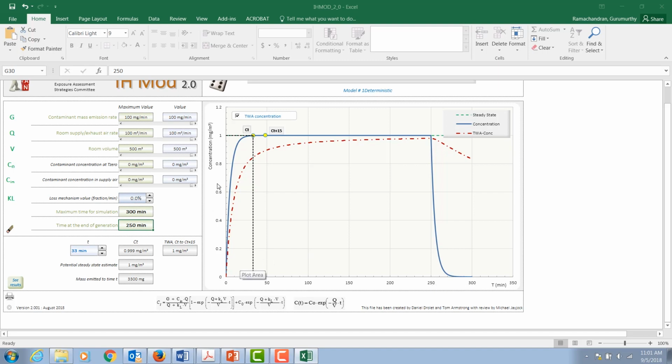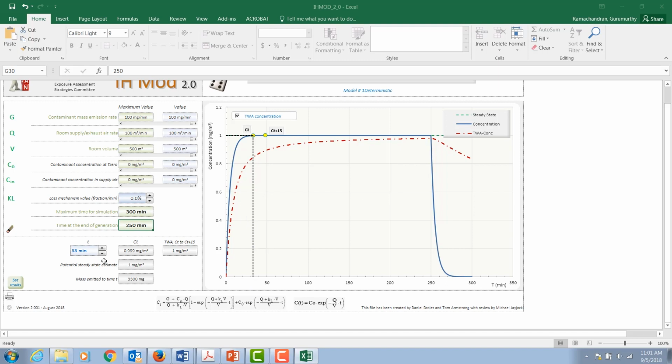So what we see here is that there is a substantial airflow rate, 100 cubic meters per minute, and so the room reaches a steady state concentration fairly rapidly in about 33 minutes or so.